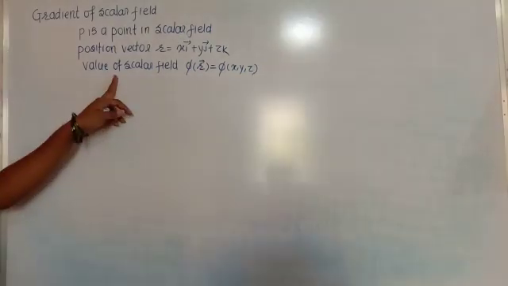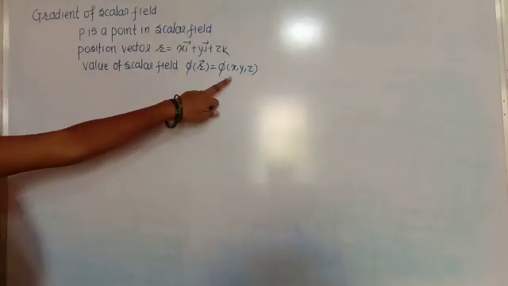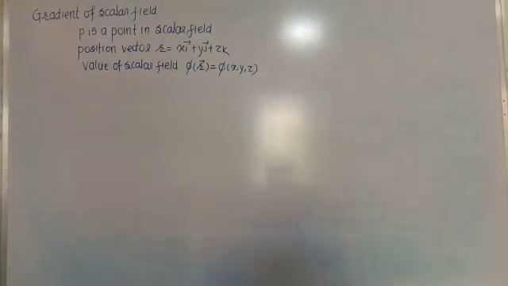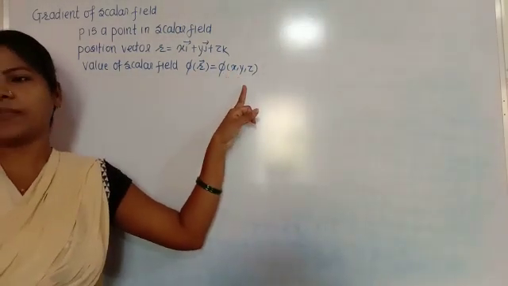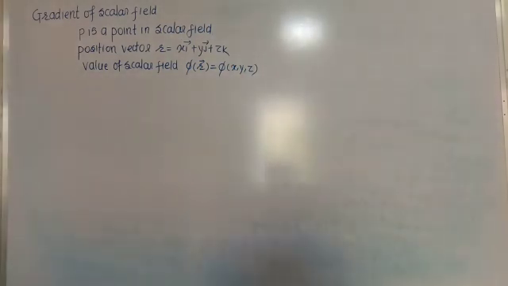So according to the definition, the value of scalar field phi of r is equal to phi of x, y, z, where phi is a function of x, y, and z, and it is a continuous differentiable function of the three coordinates x, y, and z. These are the space coordinates.